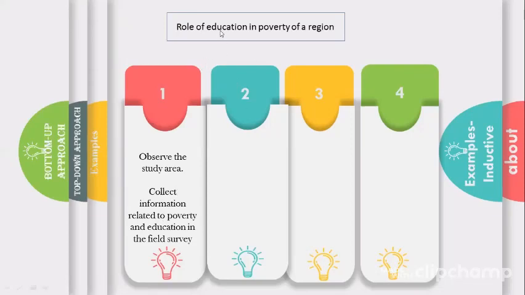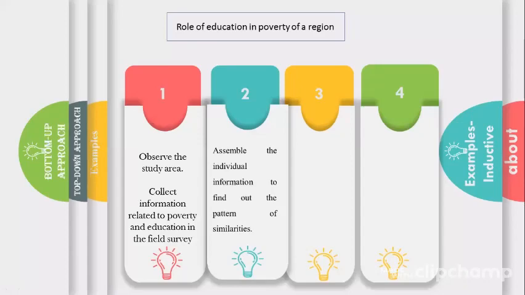What are the two parameters? Education and poverty. He will start collecting information related to poverty and education through field survey. Once that is done, he will assemble the information and try to find out whether there is a fixed pattern to the information that he has found.